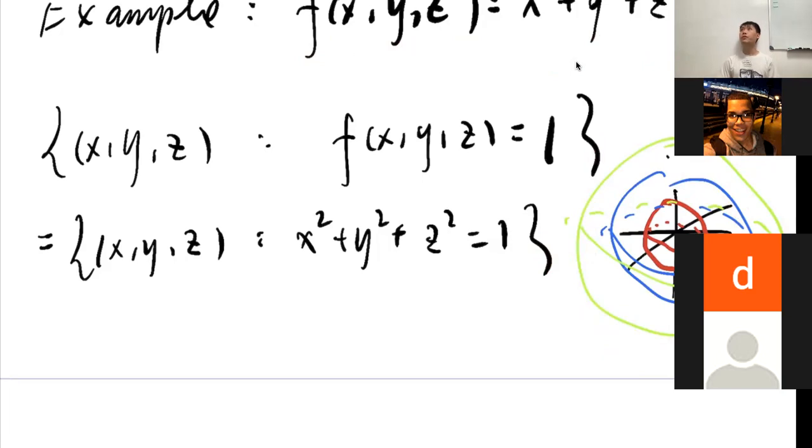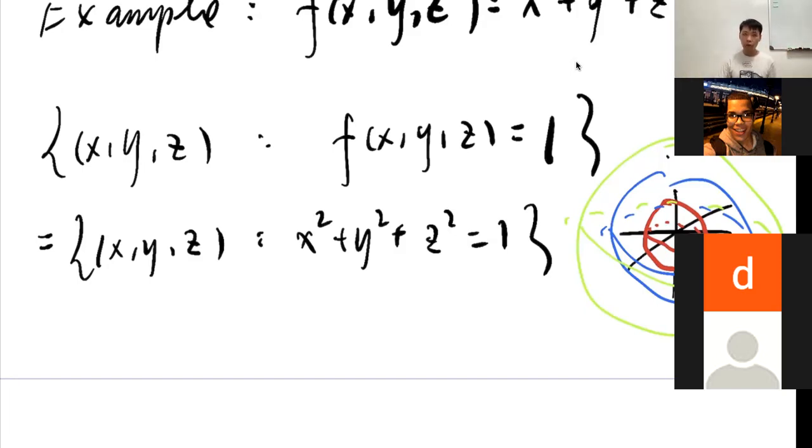So one of the examples is in physics, right? The gravitational force on the Earth only depends on the height. The higher you go, the less gravitational force you have.